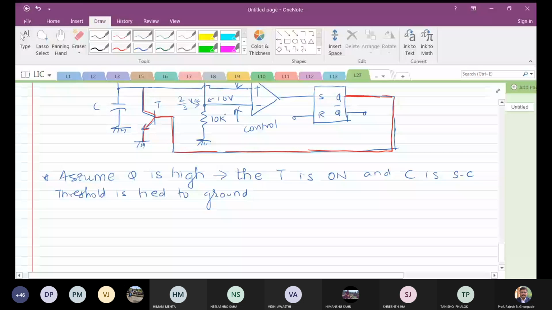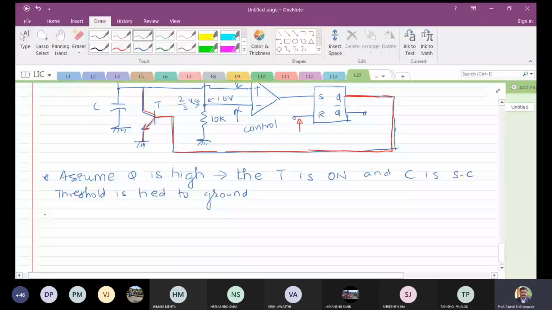If the flip-flop is reset, then what will happen? Q becomes what?